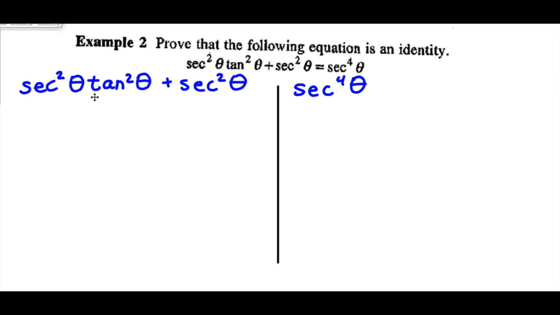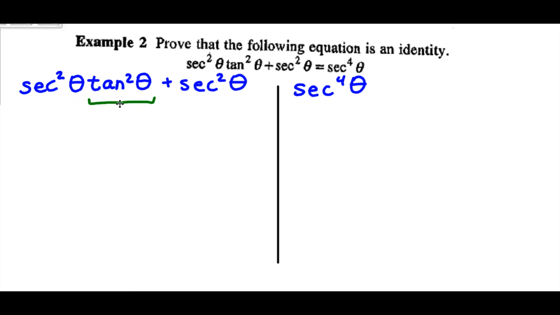Now, suggestion 3 says that if one side contains only one function and the other one contains more than one, try to rewrite it so that we have them all the same. When I look at this, I have secant and tangent here, but only secant over here. So my goal is first going to be to get rid of this tangent squared theta and somehow turn that into a secant theta.